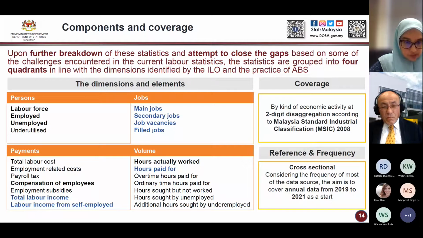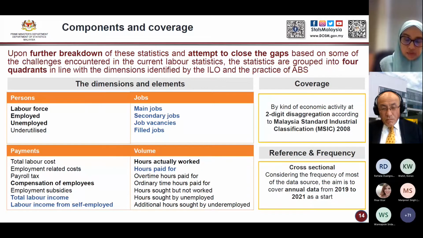As for payments, we have compensation of employees, which is available, and labour income from the self-employed is partially available through the household income and expenditure survey.